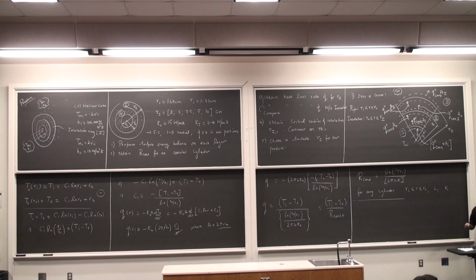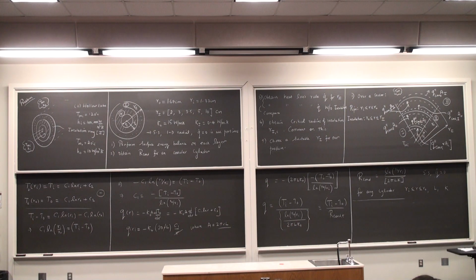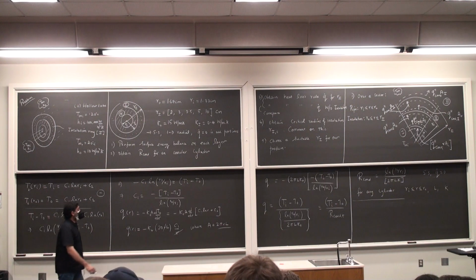When is this valid? Steady state, Q dot is 0. Alright, this is beautiful stuff.